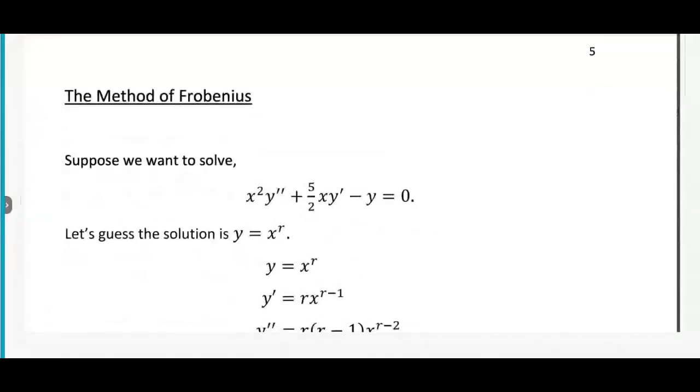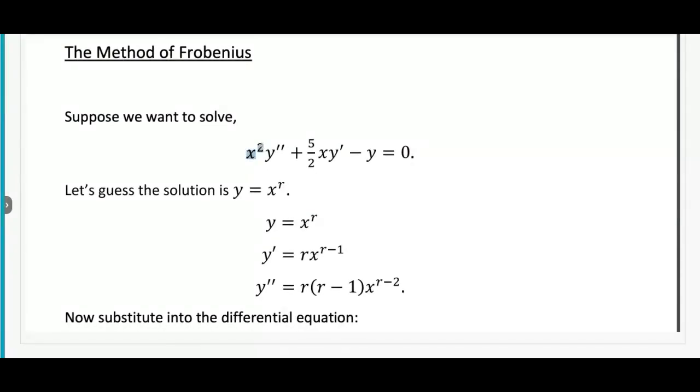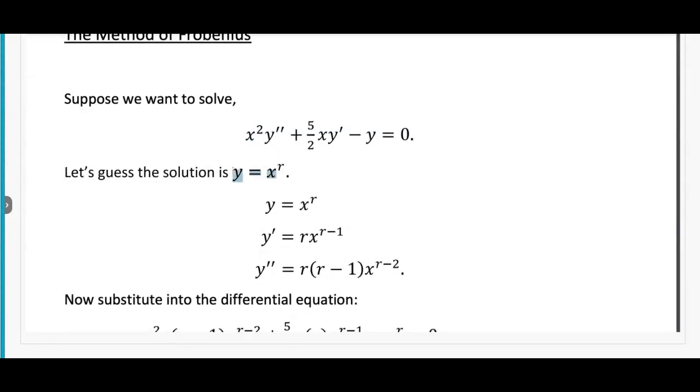The method of Frobenius. So this is a typical Frobenius differential equation. So what do we do? We're going back to our trick. We say, okay, let's guess the solution to be x raised to the r. Remember we did such a thing earlier in the course.